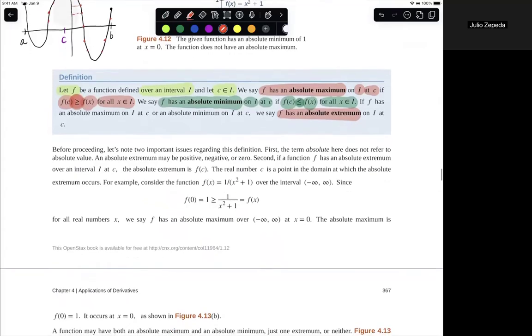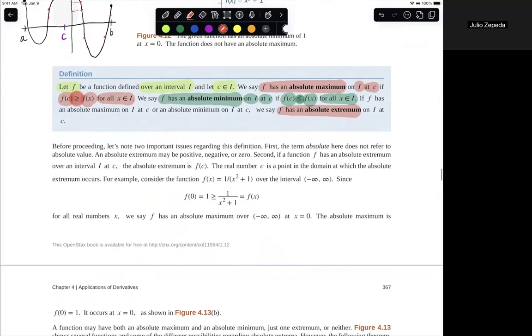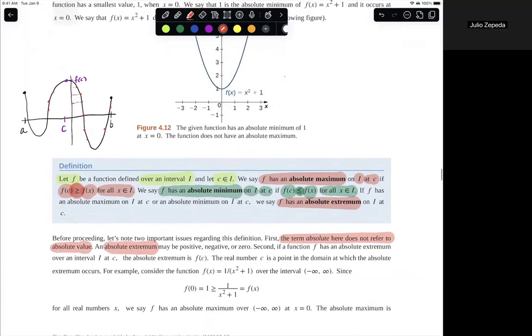Okay, let's take a look here. Just very quickly, it says the term absolute here does not refer to absolute value. An absolute extremum may be positive, negative, or zero. It's very possible that even the absolute maximum is a negative value.